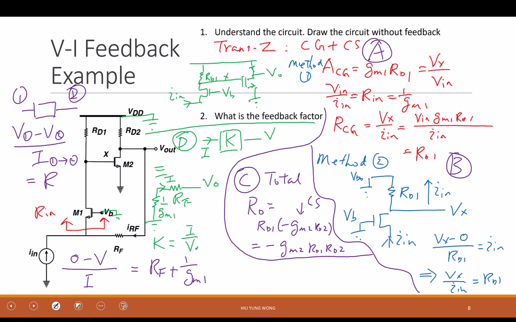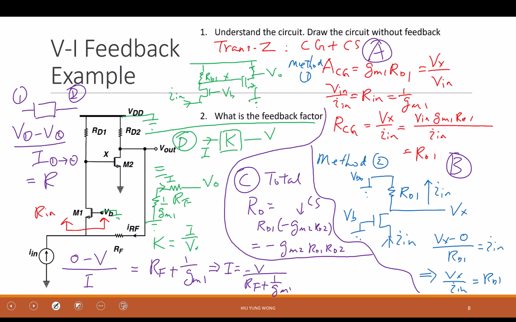So based on this, what is I? I is approximately equal to negative V divided by RF plus 1 over GM1, right?